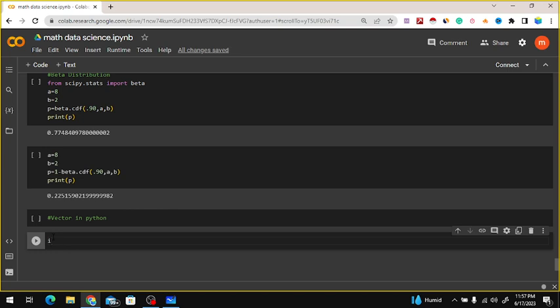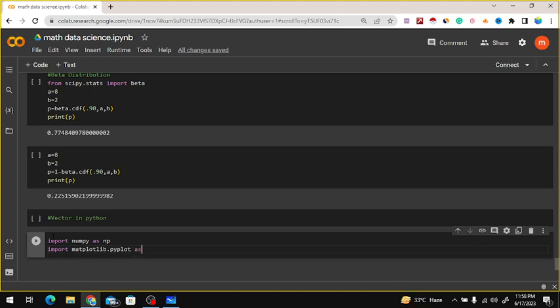So let's import numpy as np and import matplotlib.pyplot as plt. So I have imported it.